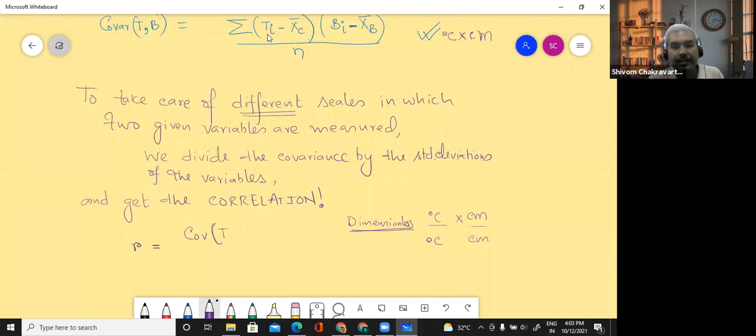Continuing with the same example, covariance between t and p divided by standard deviation of t and standard deviation of p. So this will be a dimensionless property, and fortunately we get a value between -1 and 1.